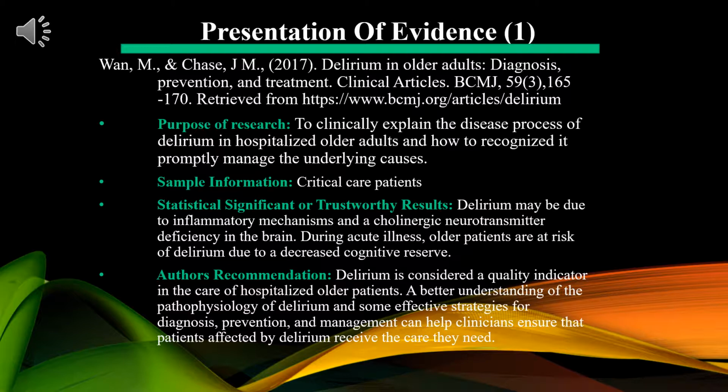Presentation of evidence. Article 1. Topic: delirium in older adults, diagnosis, prevention, and treatment. The purpose of this research is to clinically explain the disease process of delirium in hospitalized older adults and how to recognize it promptly and manage the underlying causes.